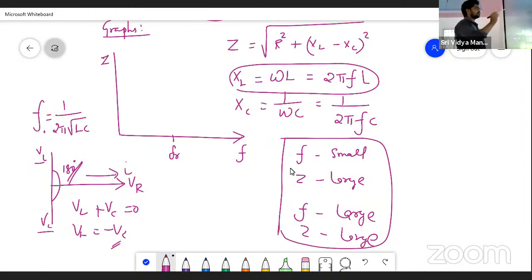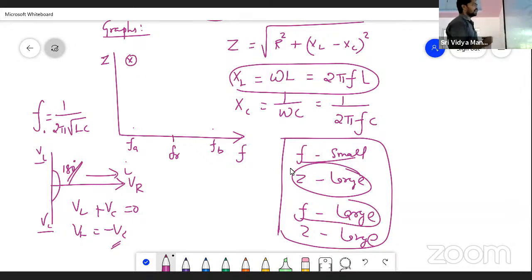See, F is small. I want to consider 2 points. A small F, this is FA, and this is FB. If FA is a small value, Z is large. Impedance large means what happens? Current decreases. And for large F, at point FB, Z is also large.